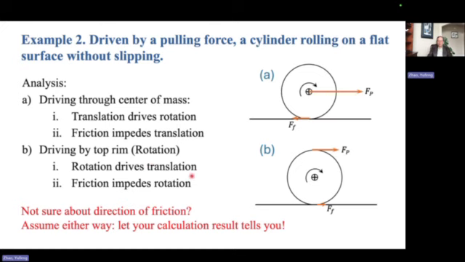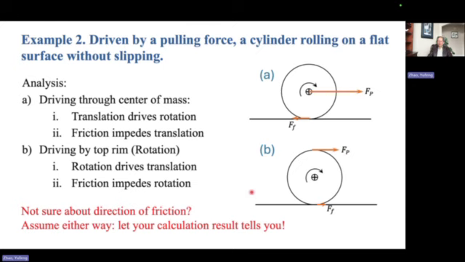It's totally different from case A, in which translation drives the rotation. That totally changes the direction of friction. Now the friction will impede the rotation, so it's actually going forward. It accelerates the translational motion together with the pulling force, but it impedes the rotation.